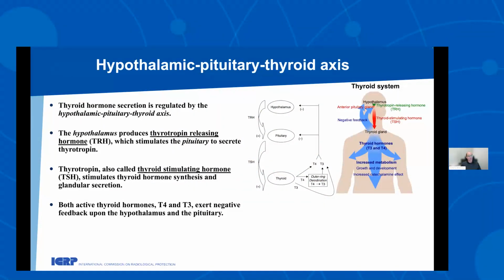Importantly, this synthesis and deiodination process of thyroid hormones is heavily controlled by the hypothalamus and pituitary gland, which produce respective hormones and positively regulate the hormone secretion, and the secreted hormones T3 and T4 produce reverse feedback to the respective glands.